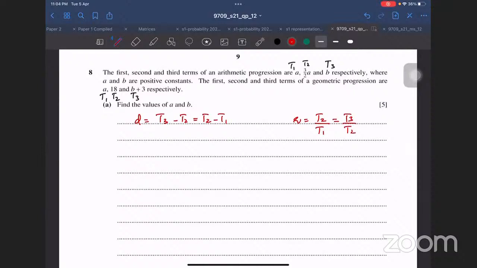So I can possibly come up with two equations: b minus 1.5a equals 1.5a minus a. I'm writing 3 over 2a as 1.5a. b equals 2a. Here I have 18 over a.